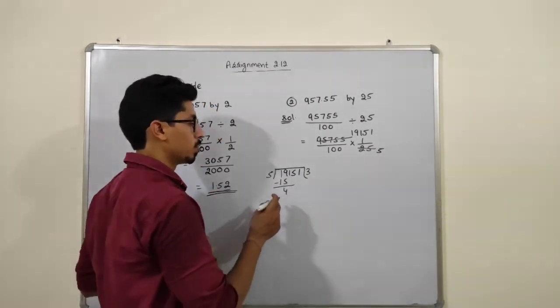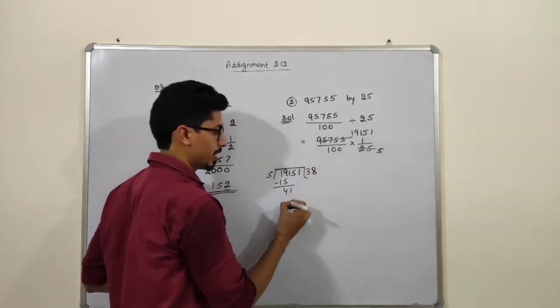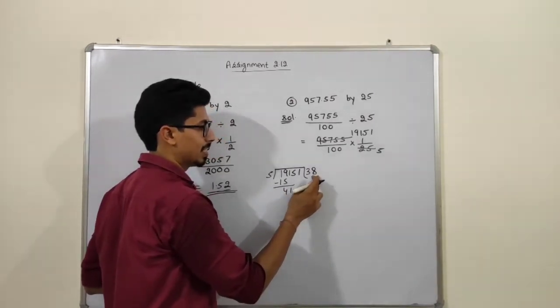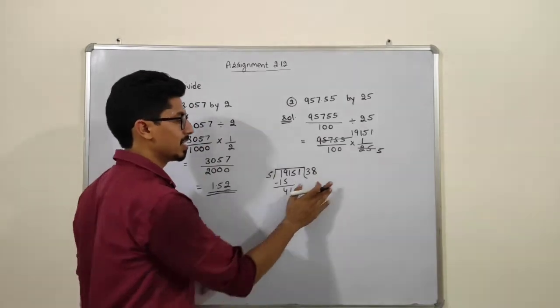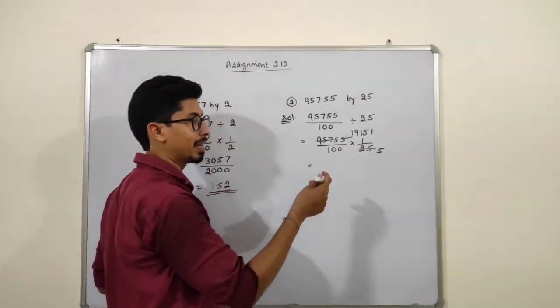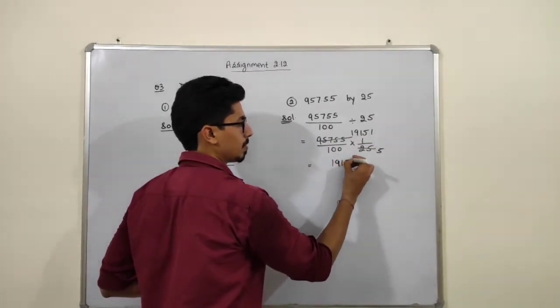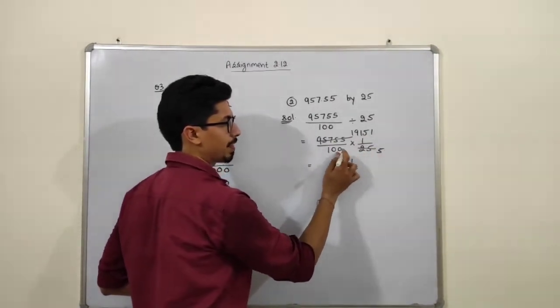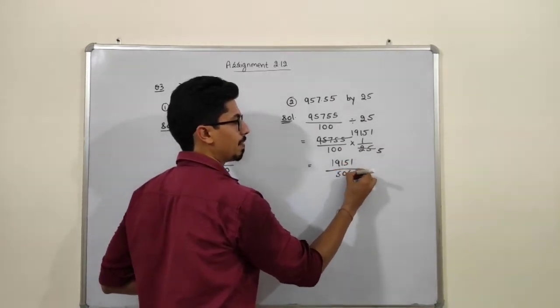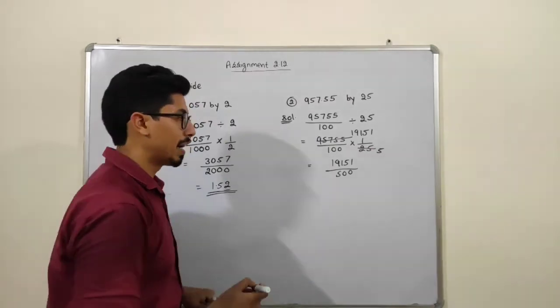Now take this 1, so 5 8s is 40. But before doing this, I first multiply. If I multiply this by 1, it will be the same number, and if I multiply this 5 by 100, it will be 500. So I'm going to divide this number by 500.